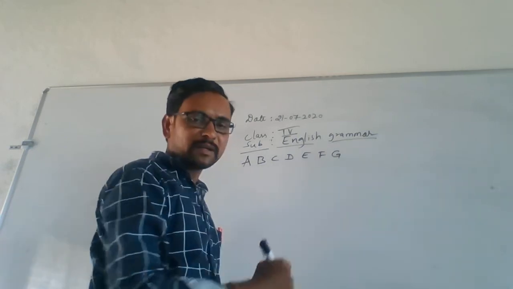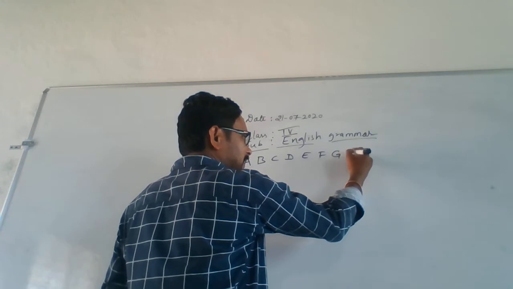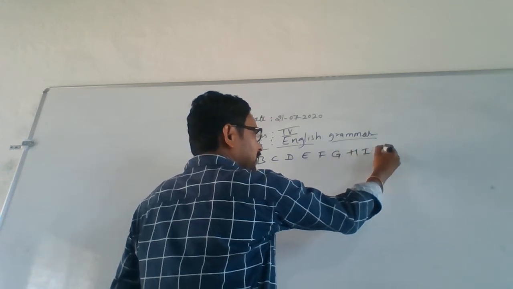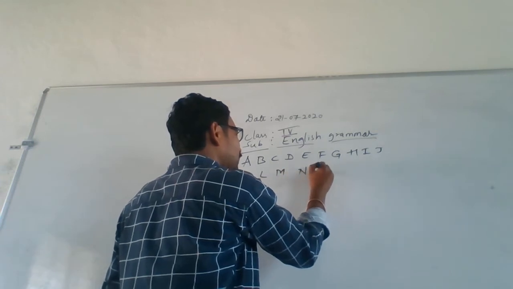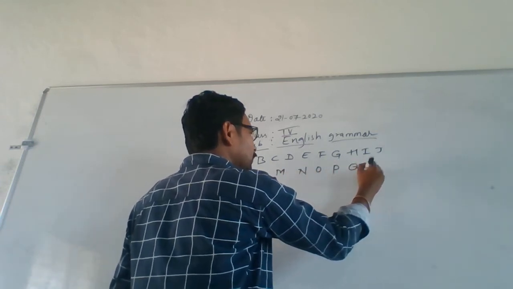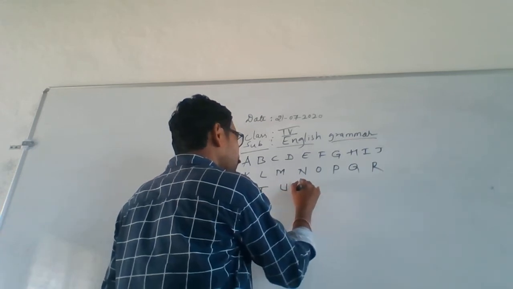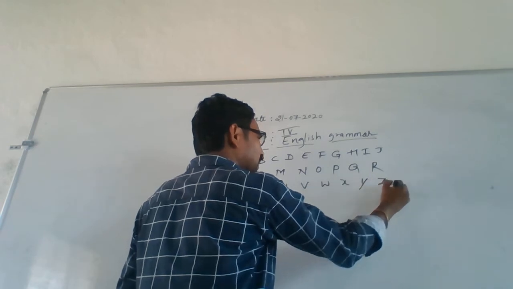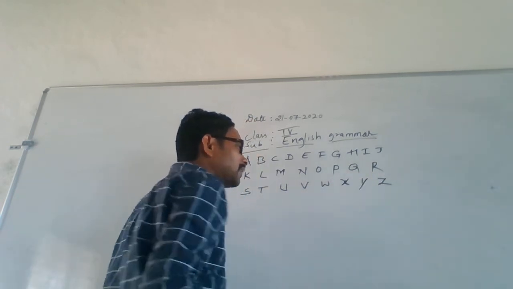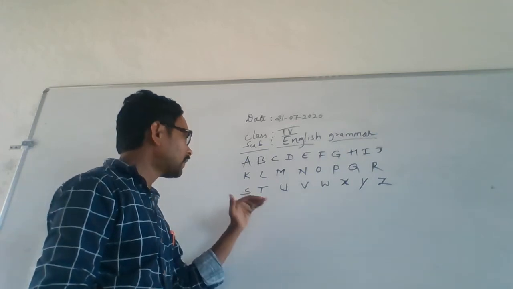Yes, I am going to write A, B, C, D, E, F, G, H, I, J, K, L, M, N, O, P, Q, R, S, T, U, V, W, X, Y, Z. These are alphabets.